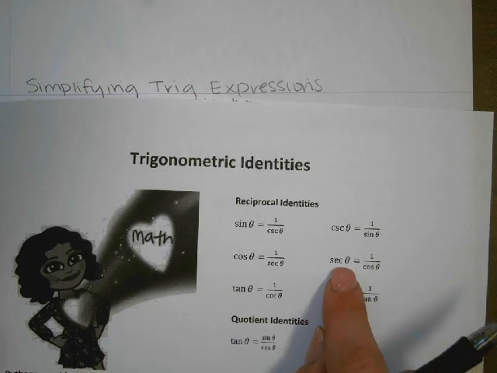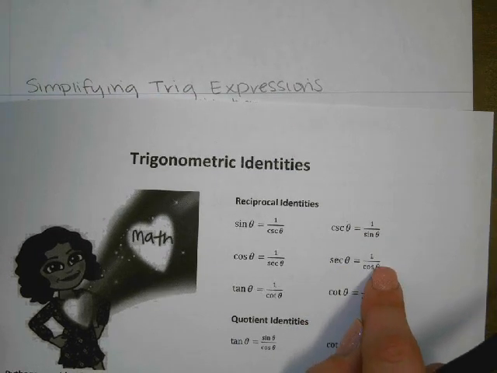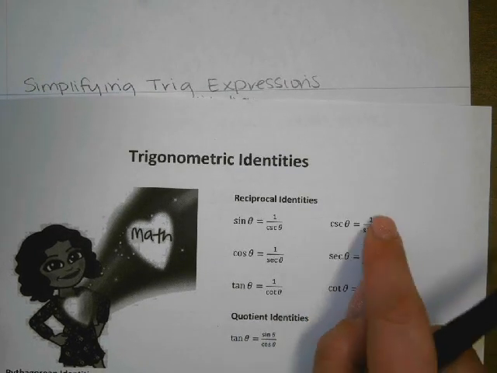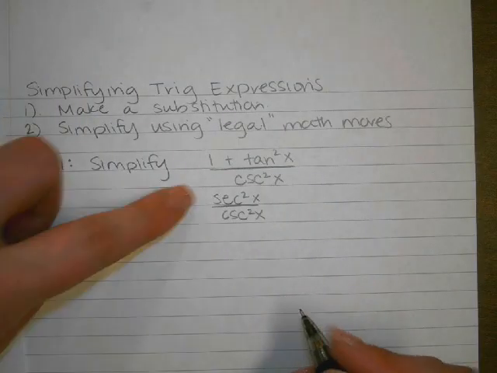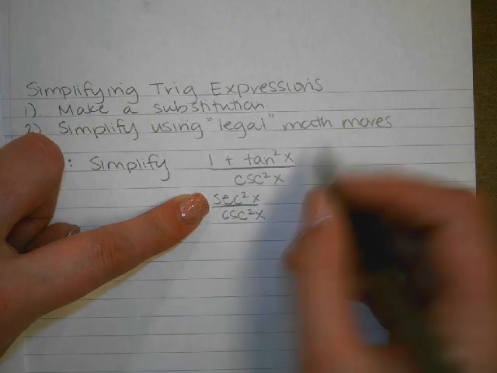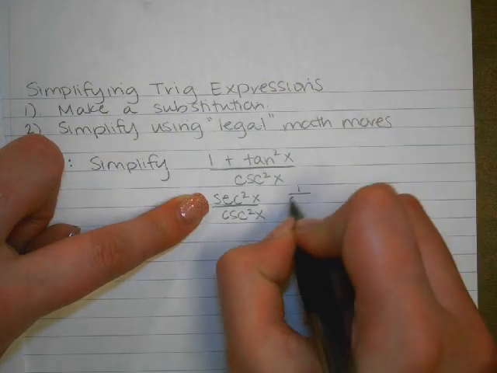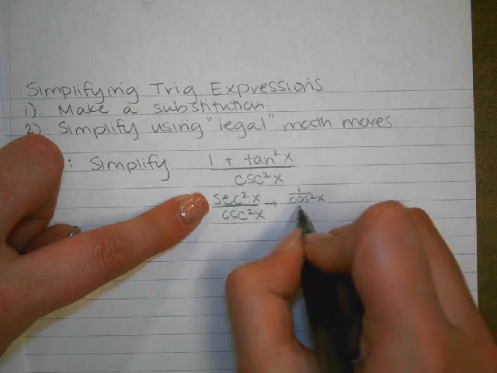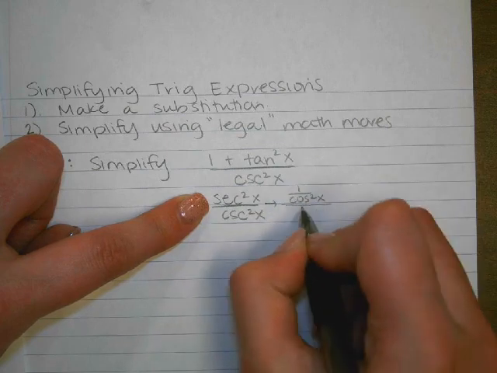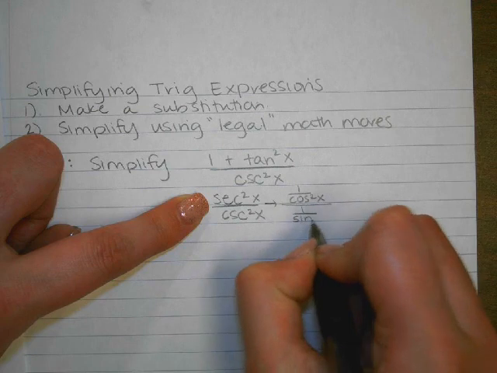So if I have secant squared, that would be 1 over cos squared, and cosecant squared would be 1 over sine squared. So I'm going to go ahead and make those substitutions. So I'm going to say that this is 1 over cos squared divided by 1 over sine squared.